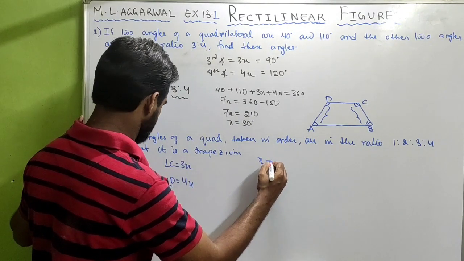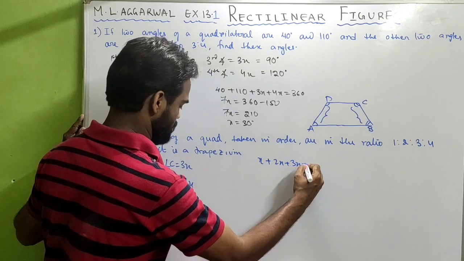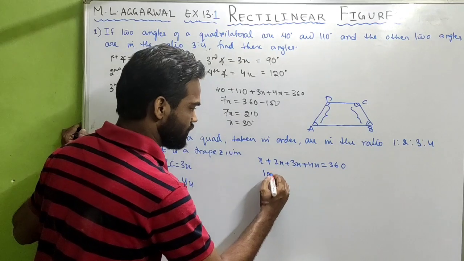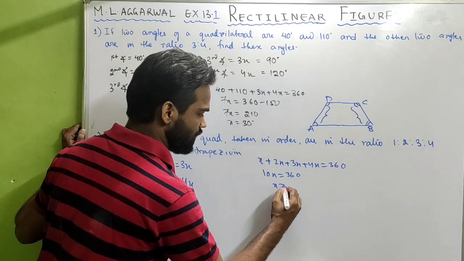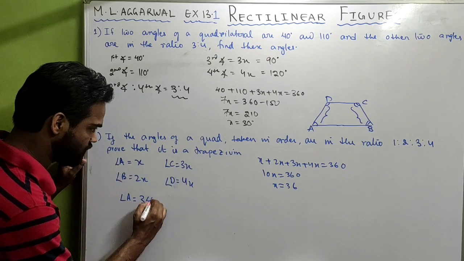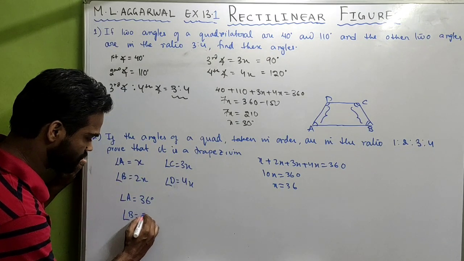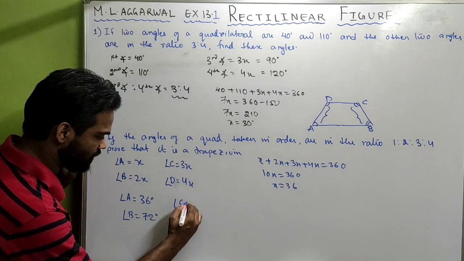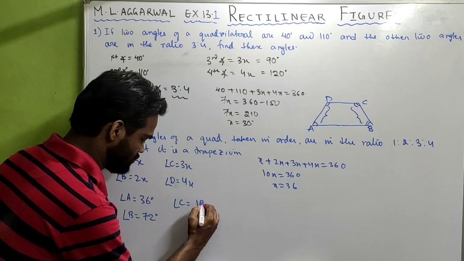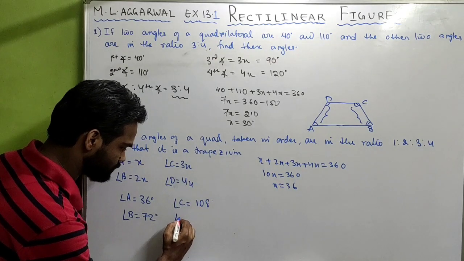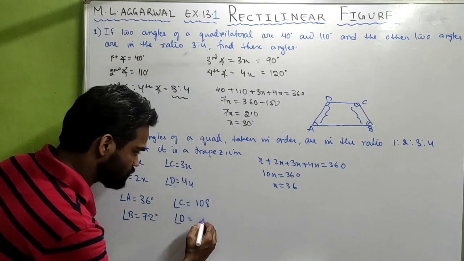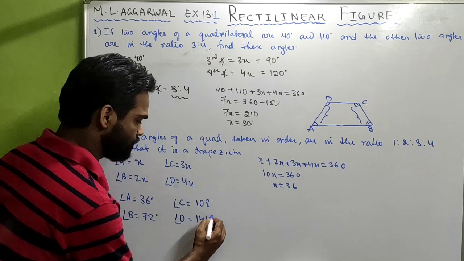So we have x plus 2x plus 3x plus 4x equals 360, which means 10x equals 360, which means x equals 36, which means angle A is 36 degrees, angle B is 72 degrees, angle C is 3 times x, 108 degrees, and angle D is 4 times x, which is 144 degrees.